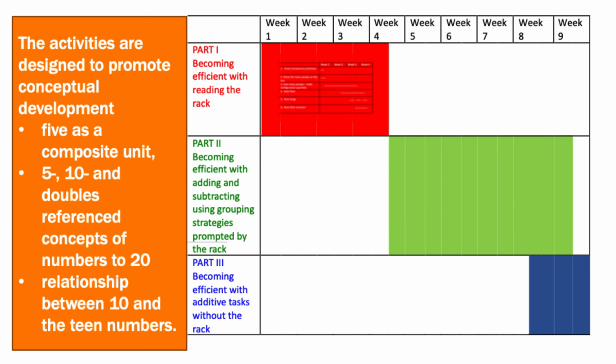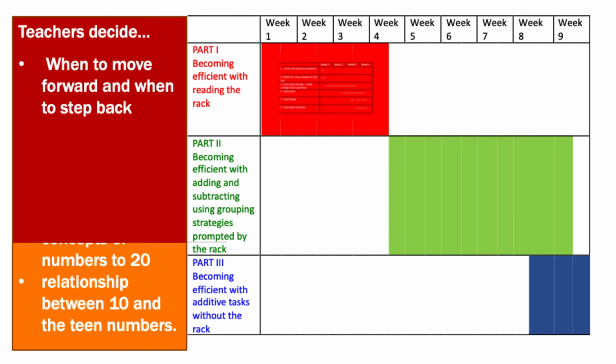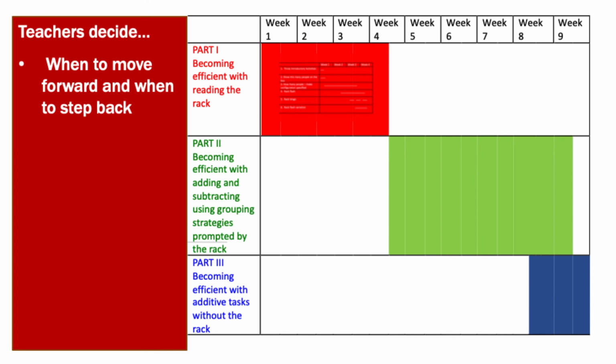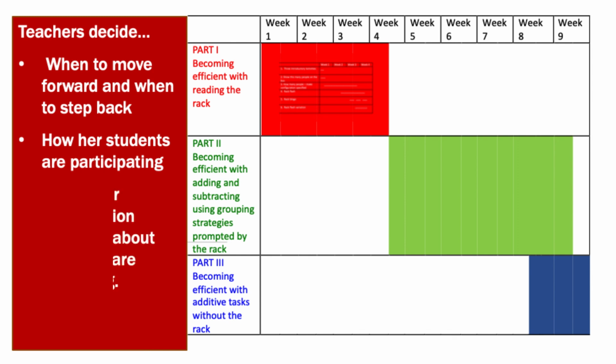The goal is not that students learn to do the activities. Teachers have to make judicious decisions about how and when to move forward and when to step back and devote more time to something. The most important thing the teacher has to attend to is how her students are participating and what that indicates about how they are reasoning.